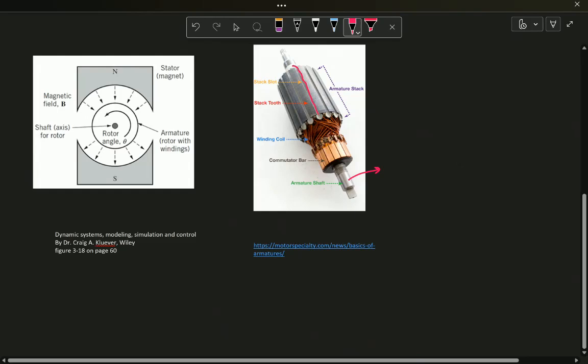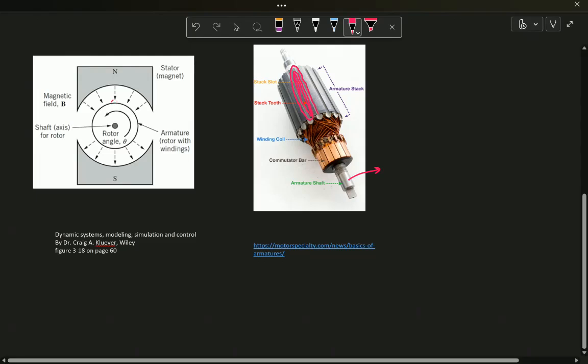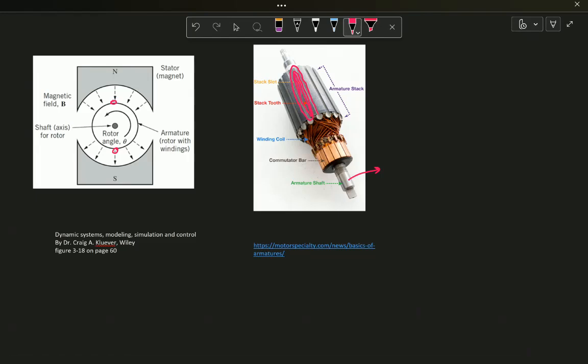Behind this, you see there are wires like this on the periphery. If you look at them from the cross-section area, you see one wire here, for instance, and one wire here, going into the plane. We call this rotor with the windings and everything the armature, and these armatures are supported by some bearings as well.